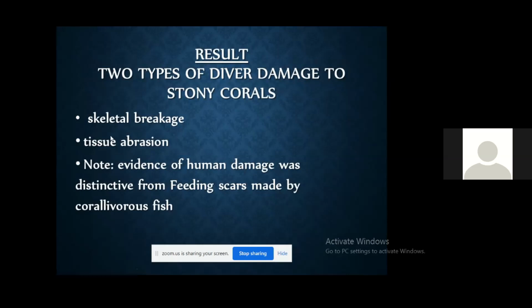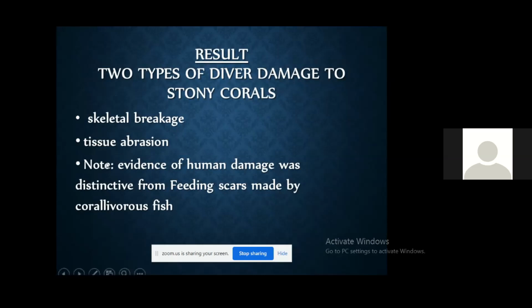Skeletal breakage is also known as the fracture of the hard skeleton. And tissue damage is also known as the damage that exposes the underlying intact coral skeleton.